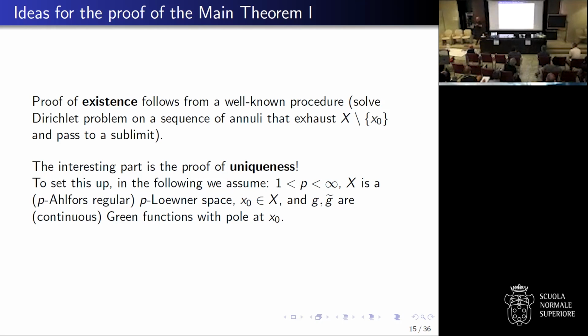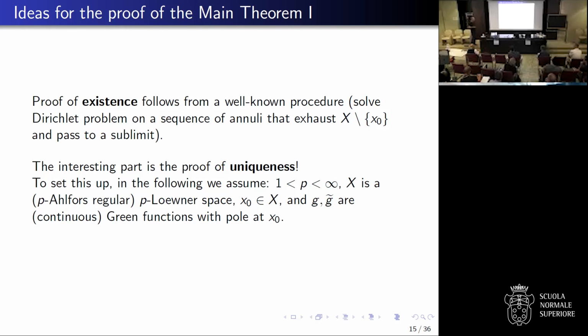In order to choose the right values, it's good to look at the uniqueness proof first and see how the function should behave. Once you know how the function should behave, you can feed this information into an existence proof. But I will not say more about the existence proof because it is completely standard and there are really no new ideas. So I want to focus on uniqueness. This is the more interesting part.